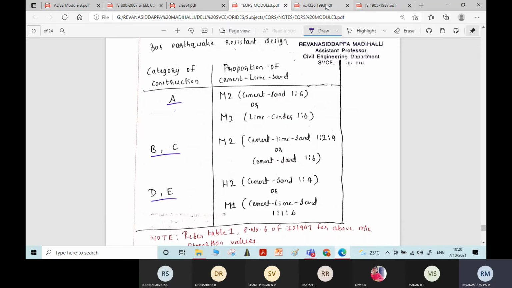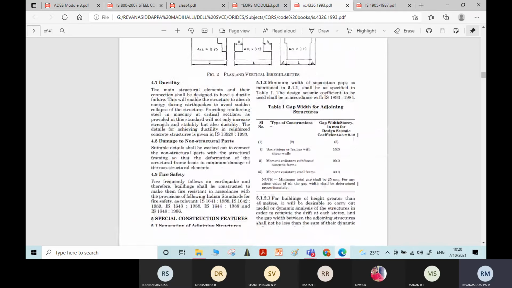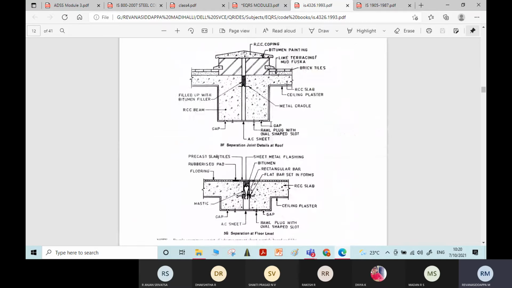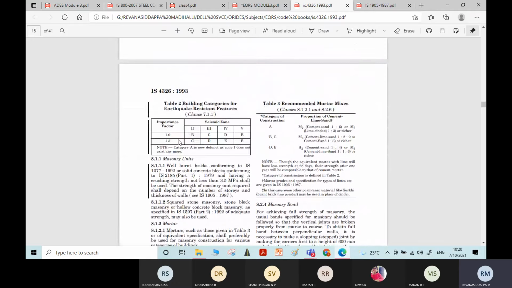the category of the construction is made. That is given in the IS 4326 code book, I think on page number 10. Let me see. Yeah, here it is.